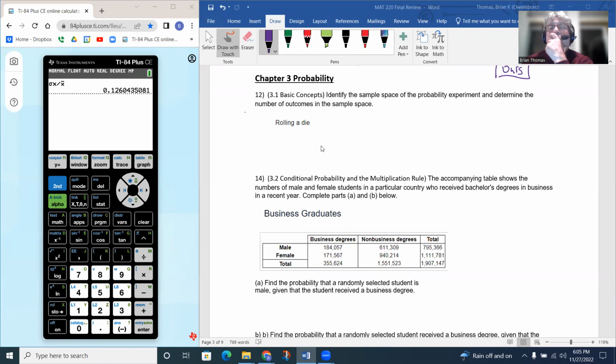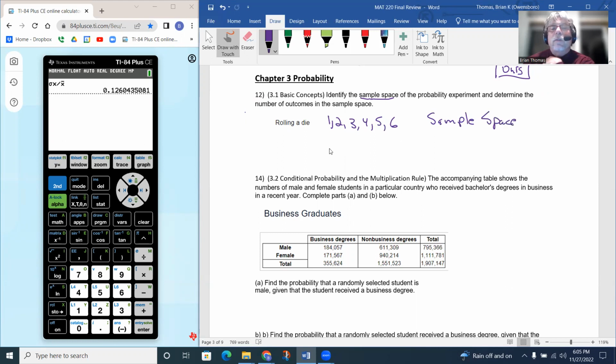So the actual sample space would be the actual elements, the outcomes here. If I was rolling one die, the sample space would actually just be the numbers on the die: 1, 2, 3, 4, 5, and 6. So that's going to be your sample space, your outcomes, if you will.